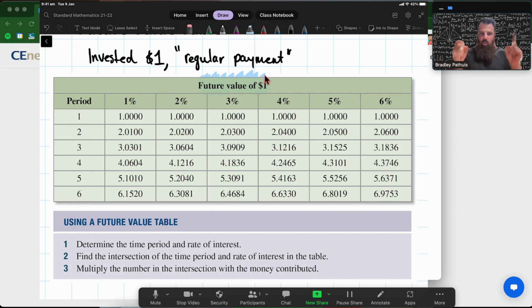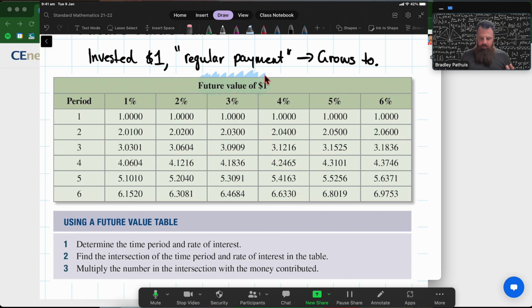This is what this $1 would grow to if we'd pay $1 at the end of each investment period. This table tells us what it will grow to.